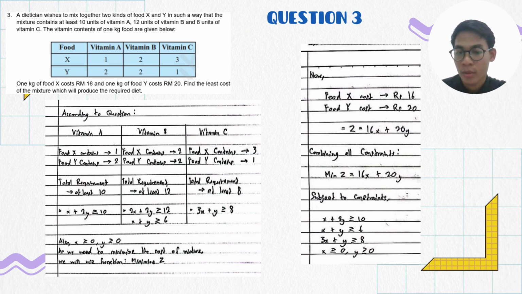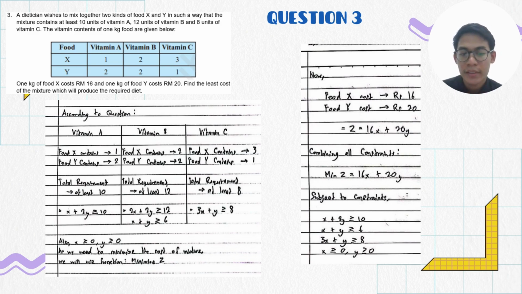Now, let the mixture contain x units of food X, and y units of food Y. According to the question, for vitamin A, food X contains 1 and food Y contains 2, so the total requirement for vitamin A is at least 10.